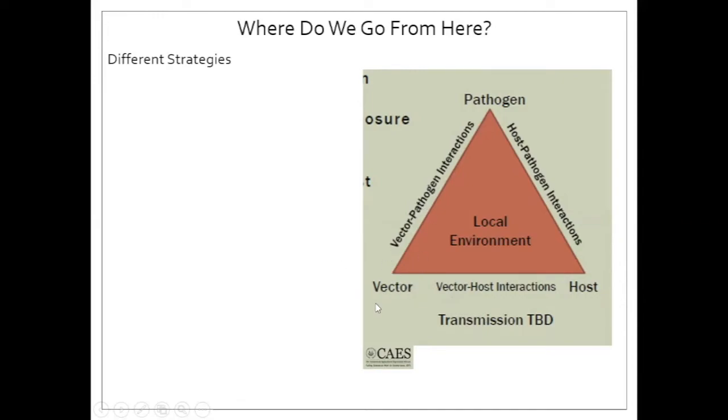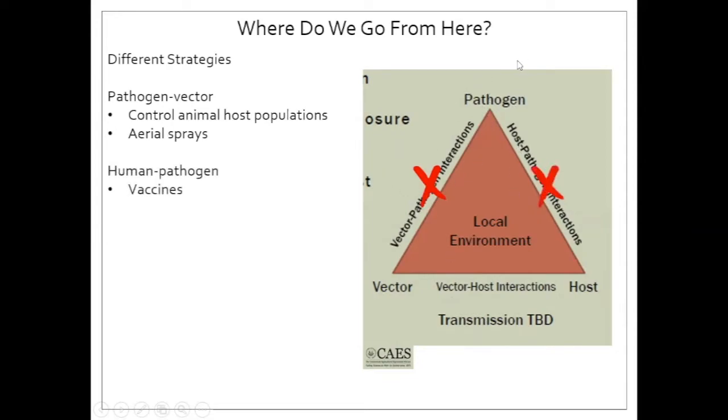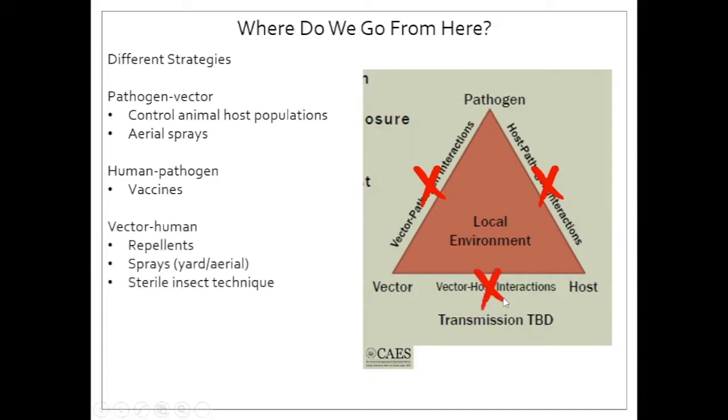So in the case of the mosquito and the pathogen, you might try something like aerial sprays to really knock down that vector, and maybe that vector doesn't get that pathogen. Or you might have a vaccine so that even though there are a lot of infected mosquitoes flying around, the people just might not get that disease.